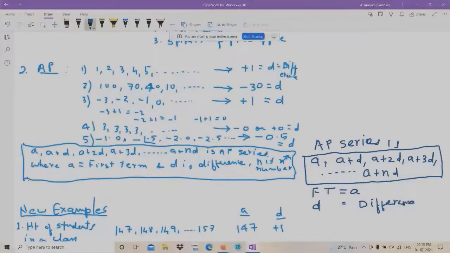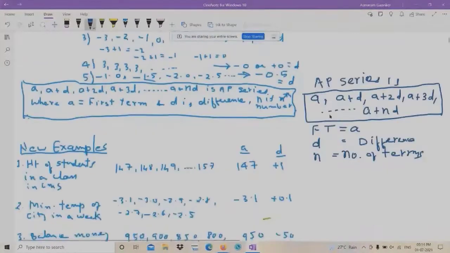And then n is the number of terms. So if you know this series like this, you can find D, you can find the first term, you can find n if the other two things are given out of these three.